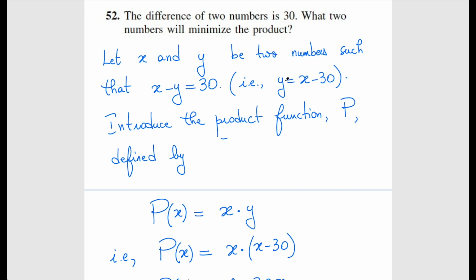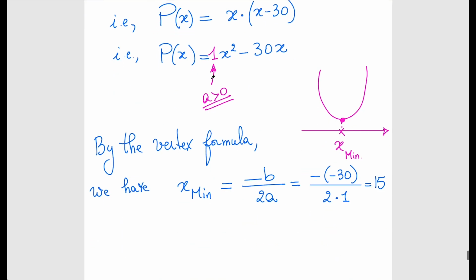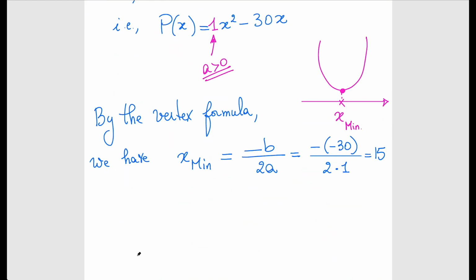If x is 15, how can you discover the other? Well, 15 minus 30 is going to be the y. Correct? So let's call y to be y min as well. So furthermore, y min, the other number, is going to be x min minus 30, right? I'm following this recipe.